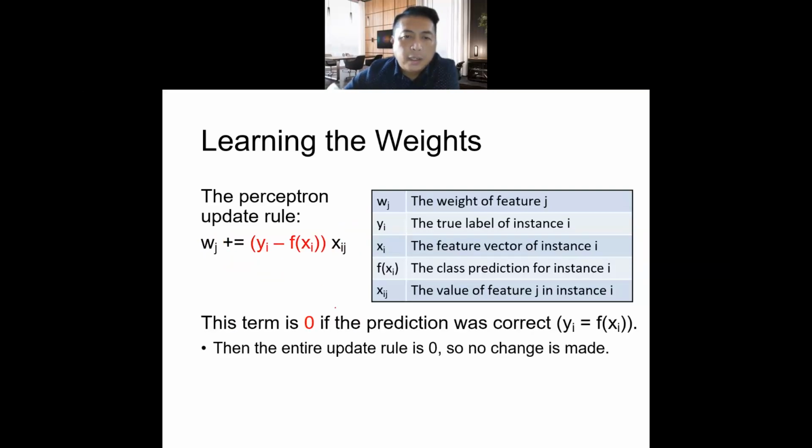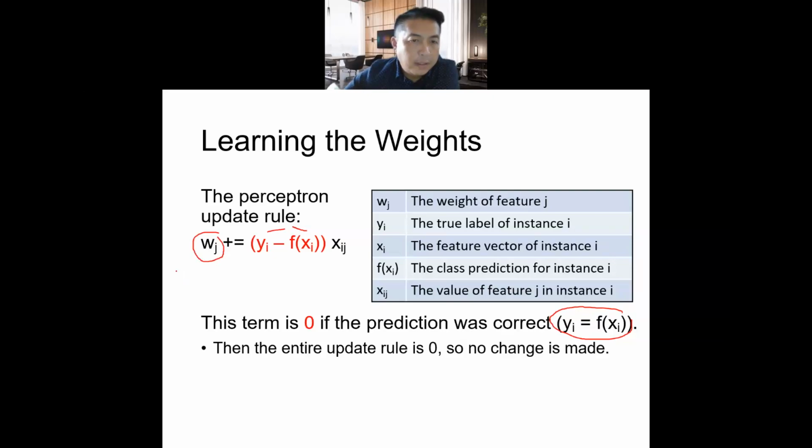The term is 0 if the prediction was correct, which means they are the same. So if these two are the same, this minus this, you will get 0. So 0 times 1, you get 0, and you will not update your weightage here.